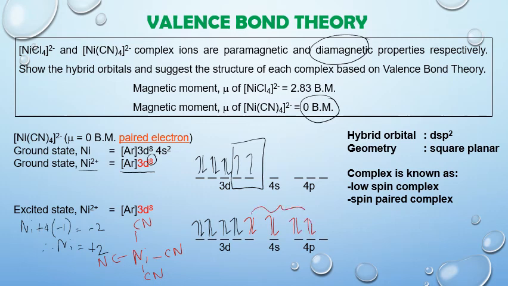So these 8 electrons come from 4 cyanide, and as we can see here, the hybrid for this one will be dsp2. Okay, so that's the hybrid orbitals, and valence bond theory assumes that the geometry should be square planar.